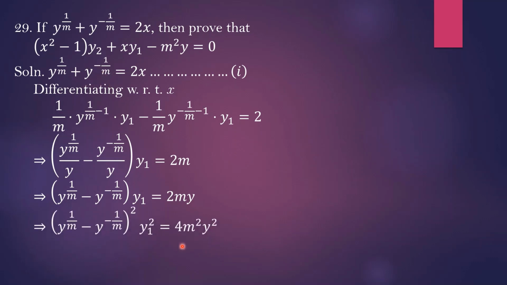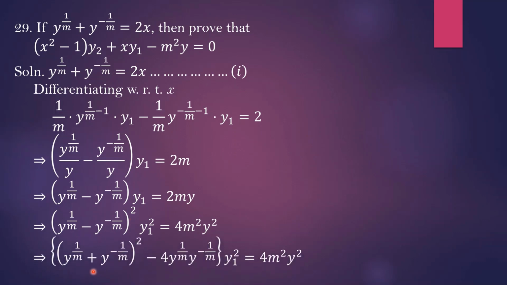So I squared both sides, very simple. Then in place of this whole square I will write this plus this whole square minus 4ab. ab means this and this, that is why a plus b whole square minus 4ab, y1 square remaining same, this is remaining same. Okay, so this term can now be replaced by twice x.